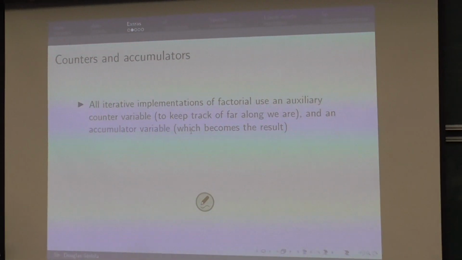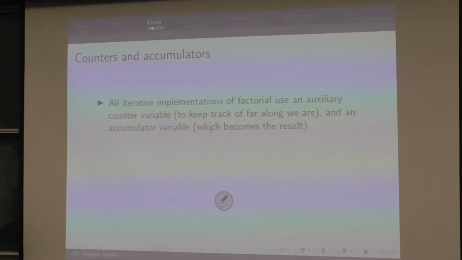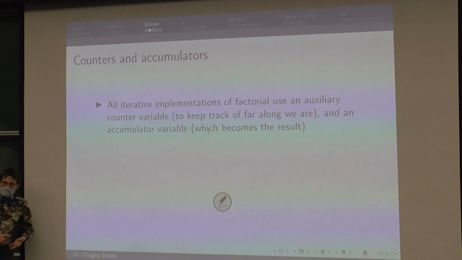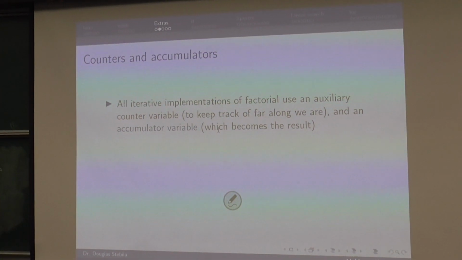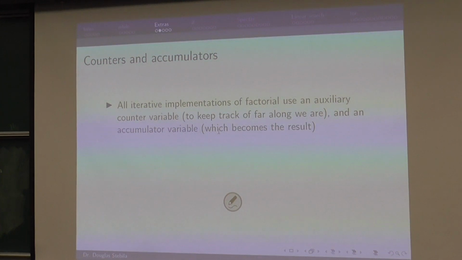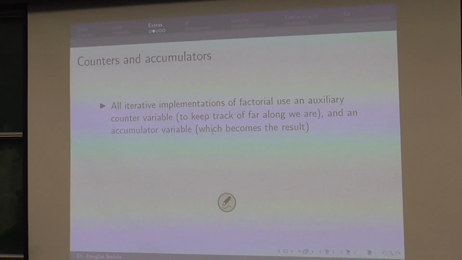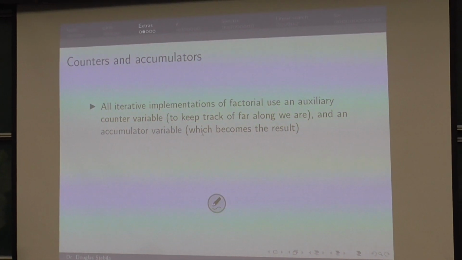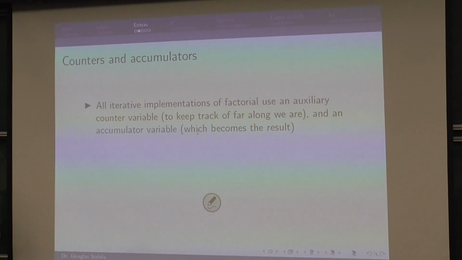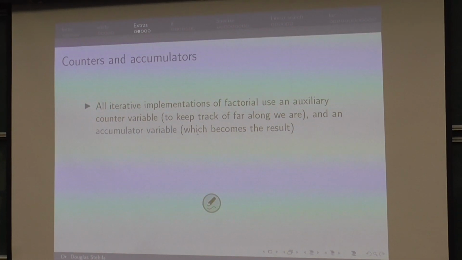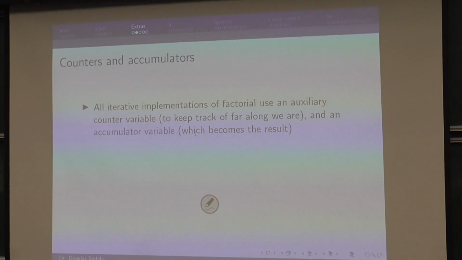I already went over this, but of course, i was the counter, f was the accumulator. i was the counter because it was counting. Very simple. It goes 1, 2, 3, 4, 5, etc. The accumulator accumulates the correct answer. I know it's weird to think of a correct answer as being accumulated, but that's the way you have to think when you're programming.